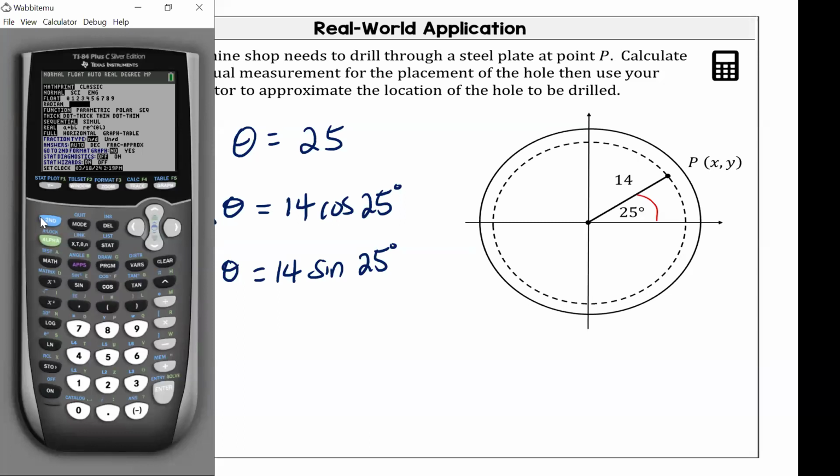Now, if you didn't want to make that switch, what could you do to 25? You could convert it and multiply by what? Pi over 180. Perfect. So smart. So we have 14 cosine of 25. Enter, enter, enter. And we have 14 sine of 25.